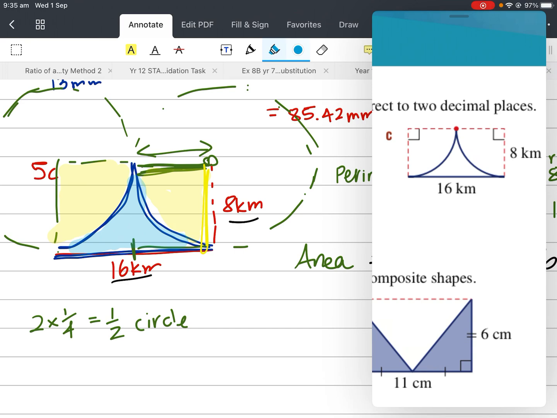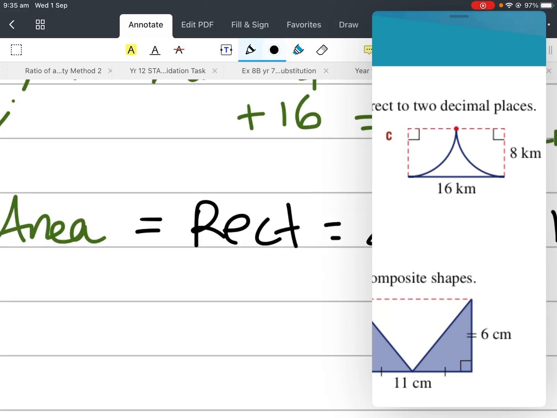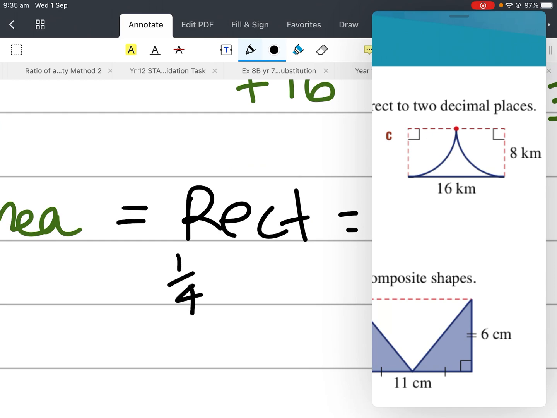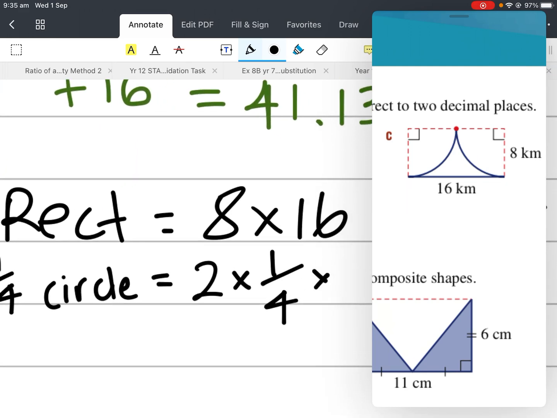So let's have a look at the quarter circle. We already worked out the radius, didn't we? We said it was 8, didn't we? All right, so let's go. So now I'm going to do the circles. Quarter circle section, all right? Now I have 2 of them, don't I? And it's a quarter of a circle, and what are we doing? We are working out area.